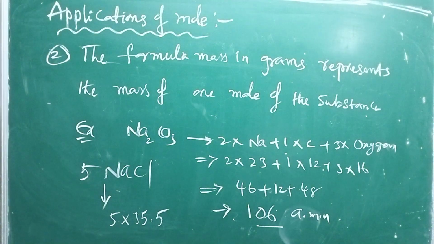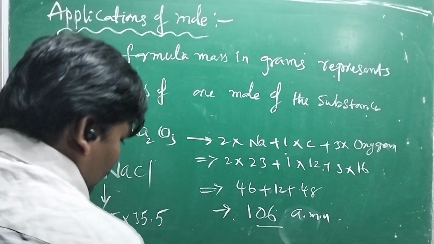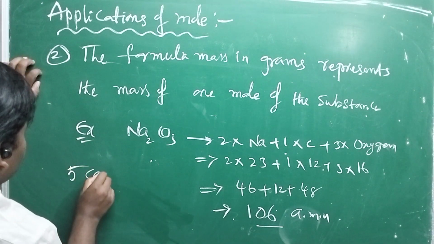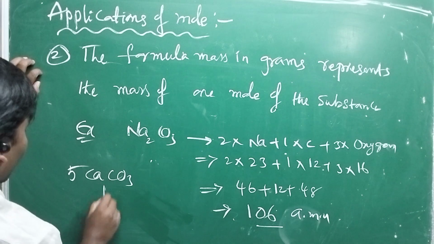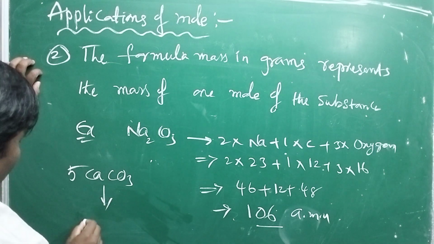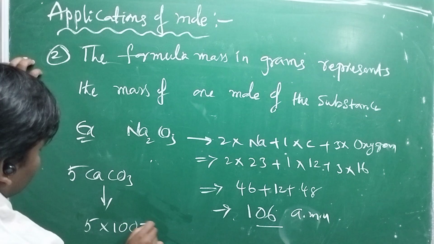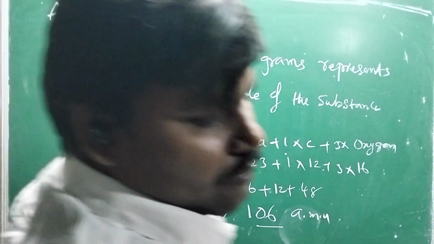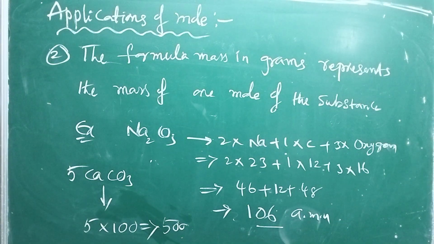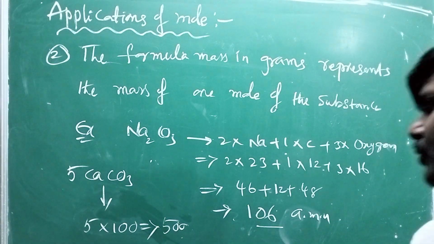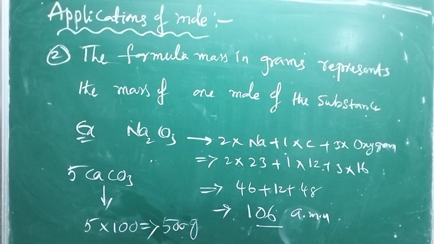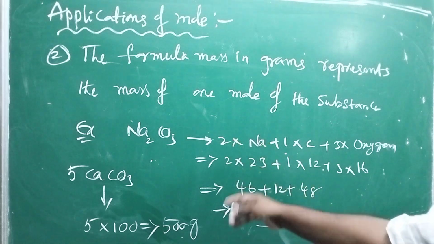For example, if you take 5 CaCO3, how do we represent this? 5 into 100 is 500 grams of calcium carbonate. This is the second application.